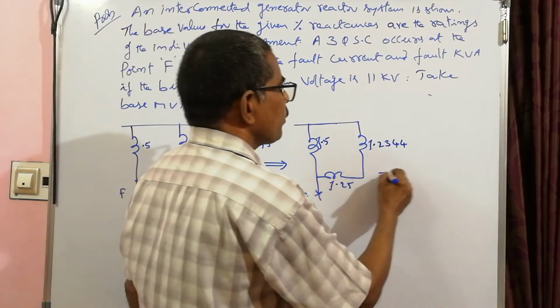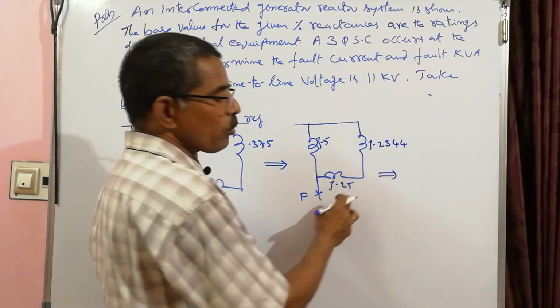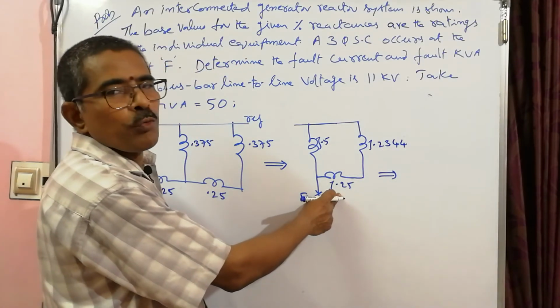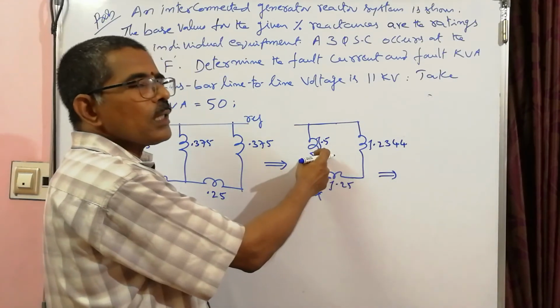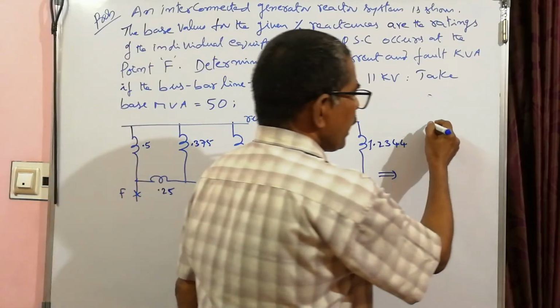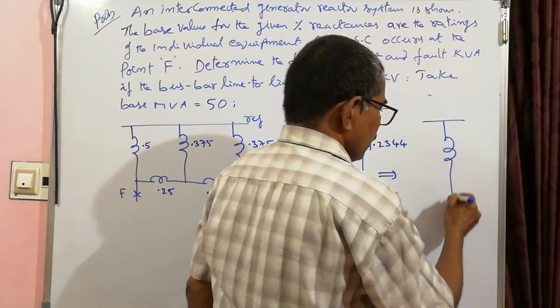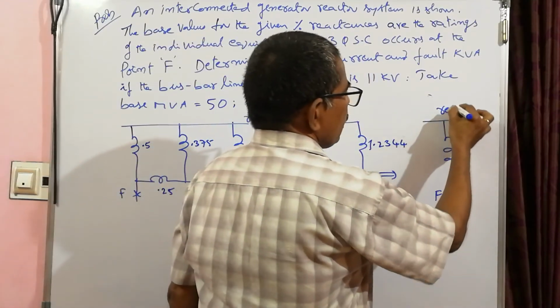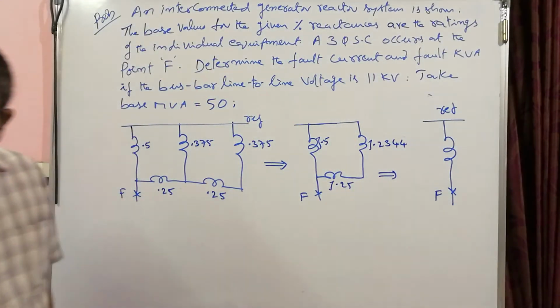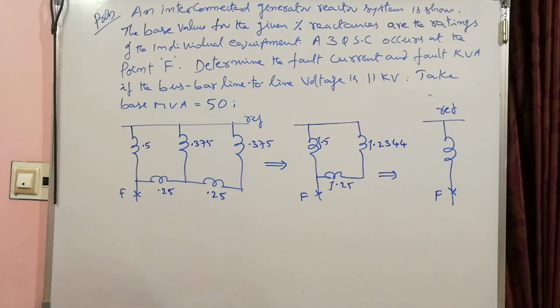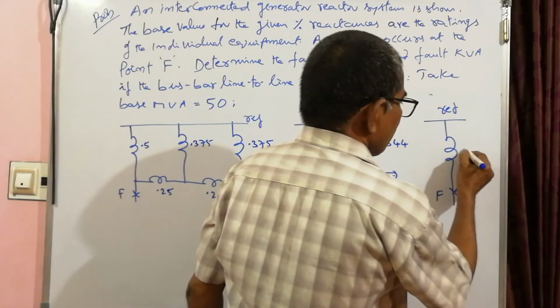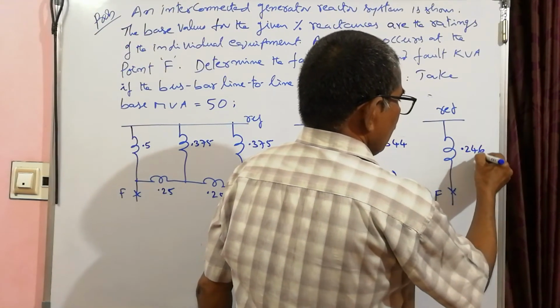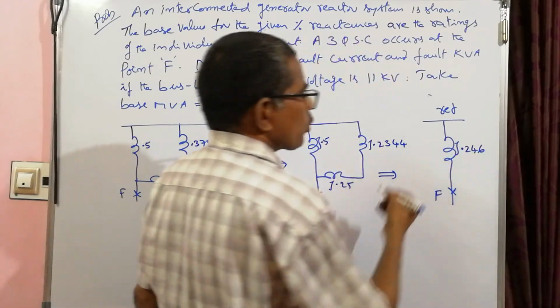Now further, this J 0.2344 is in series with J 0.25, and that is in parallel with J 0.5. So finally I will be getting an equivalent between reference and the fault, and that value is 0.246, which means this is J 0.246.